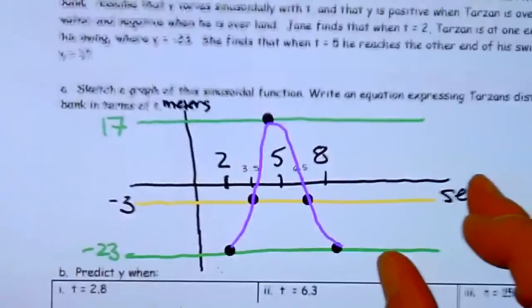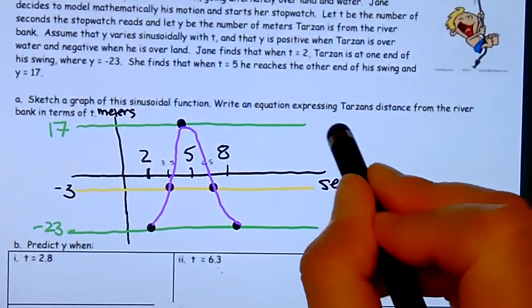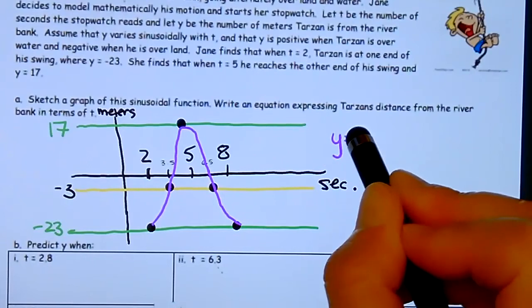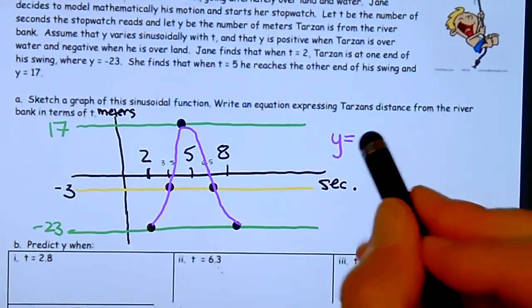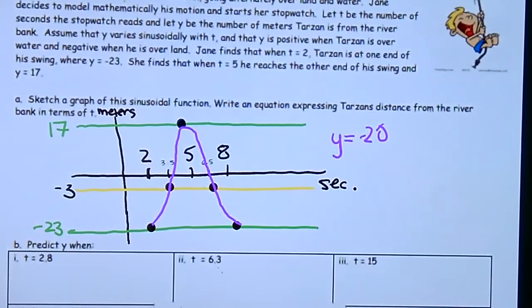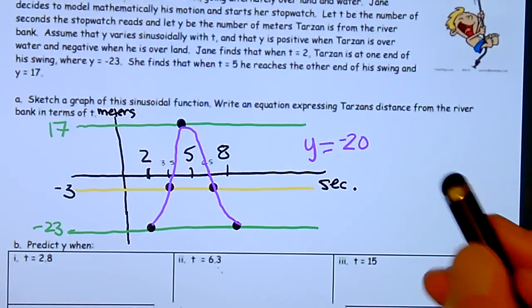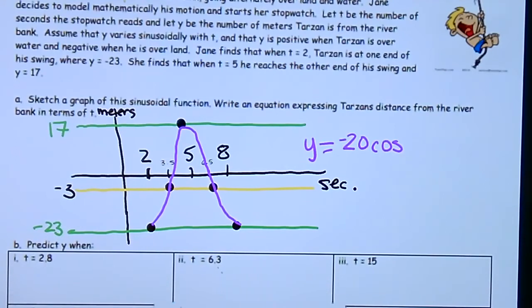So let me give myself some space here. So I'm going to have y equal, my amplitude is 20, but I'm starting at a low, so I'm going to put negative 20 cosine. And then I need to figure out my b. So I know that from here to here, this was 2 to 8, which is going to be 6.